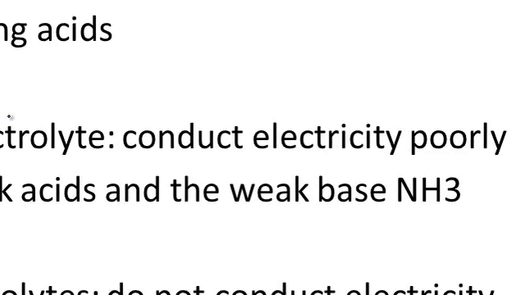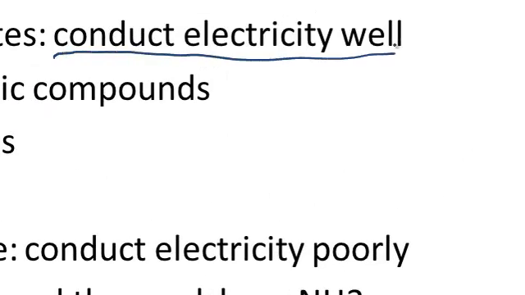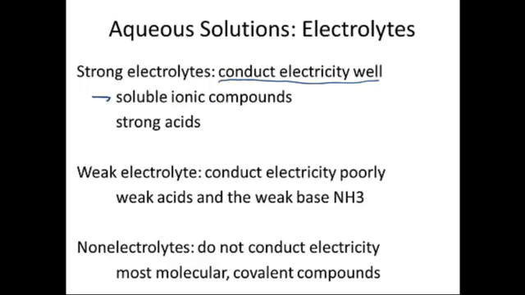In general, strong electrolytes are a solution that conducts electricity well. And the compounds that are strong electrolytes are soluble ionic compounds and strong acids. Those are the two categories of compounds that always make strong electrolytes. Weak electrolytes will, when dissolved in water, conduct electricity poorly.